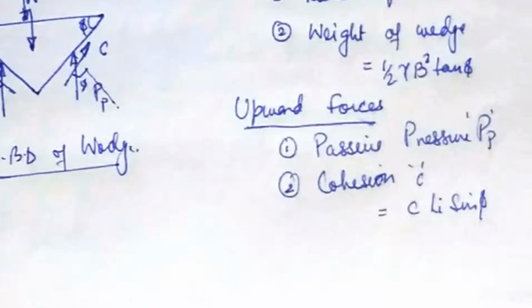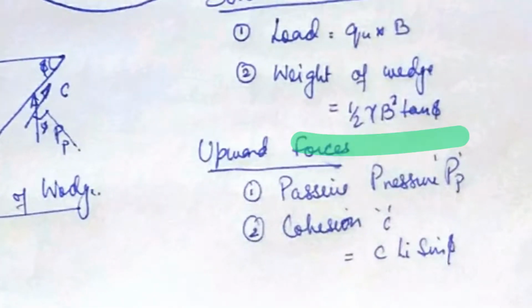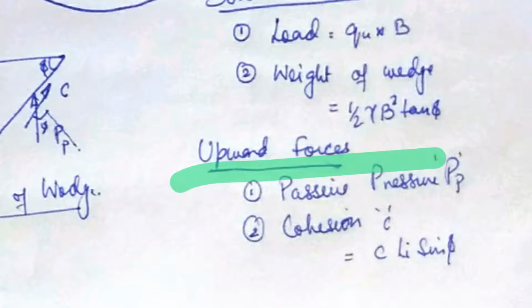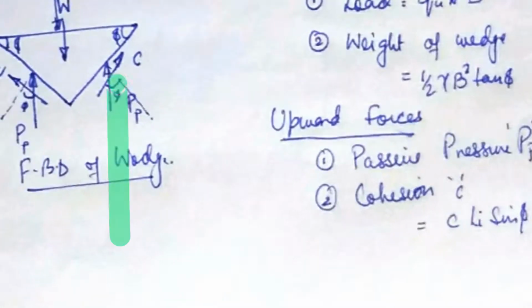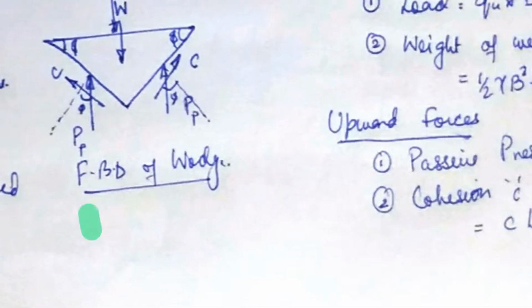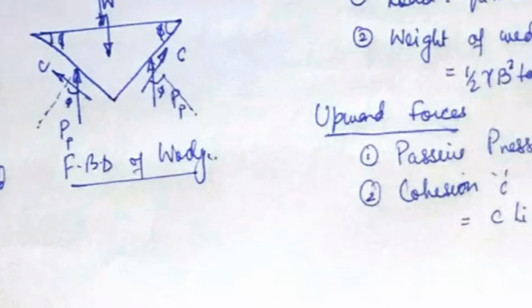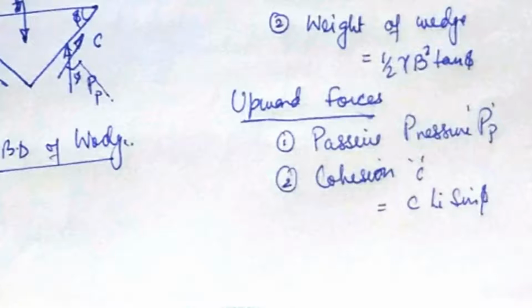Weight of the wedge W is equal to half gamma B square tan phi. Then there are upward forces. Upward forces are Pp. There are two Pp you can see here, and because I am considering the stability of the whole wedge, I will have 2 times Pp acting, giving you an upward force.